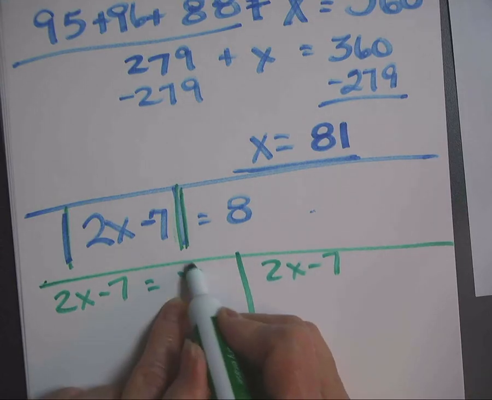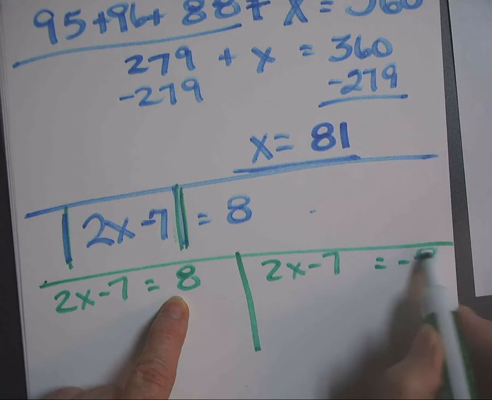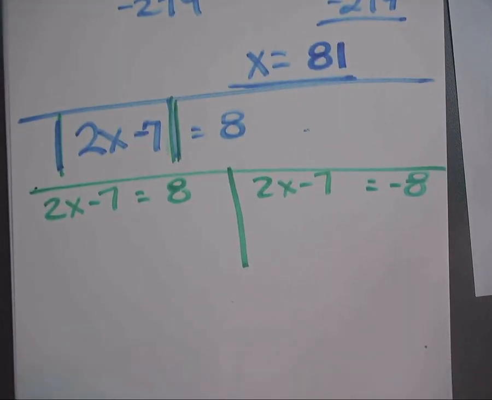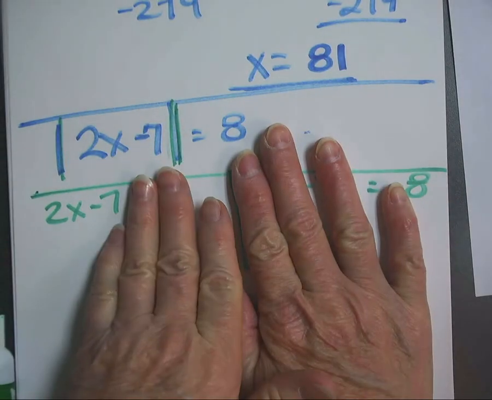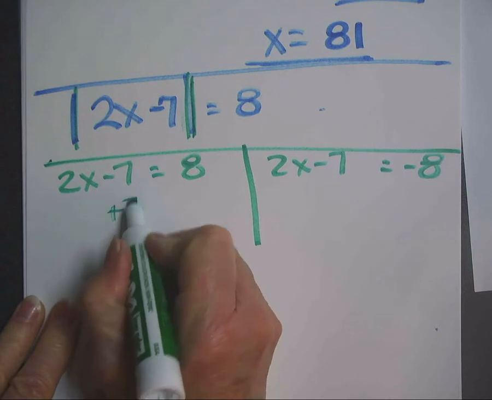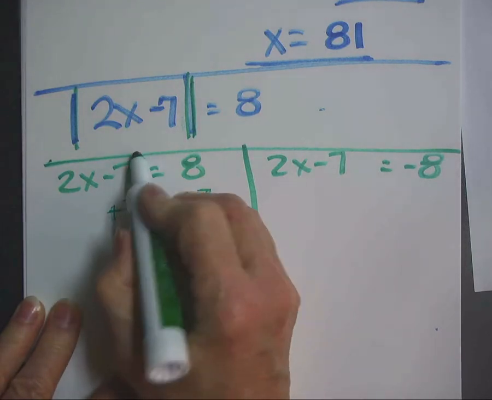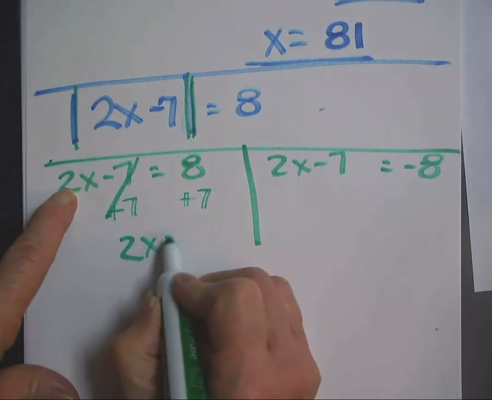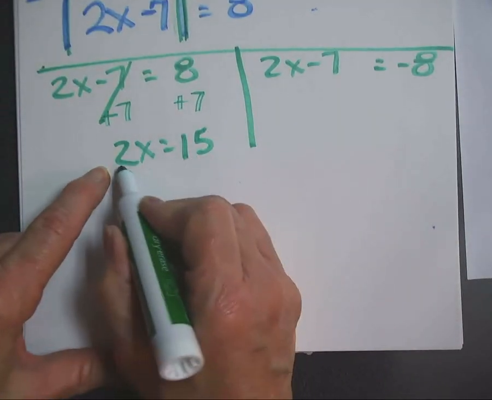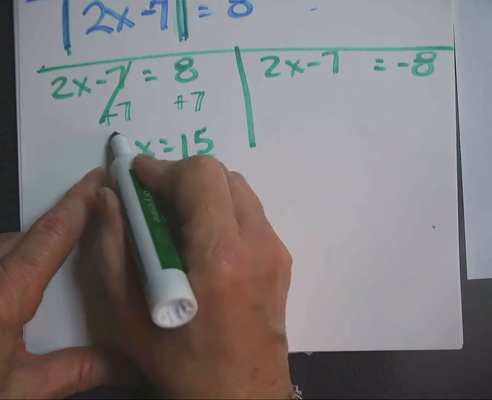So one of them positive, one of them negative, right? So to solve this, what do we do first? Add 7, both sides. Right. And then divide by 2.